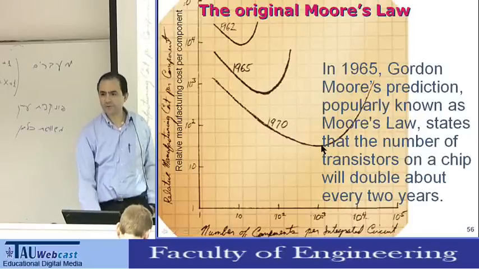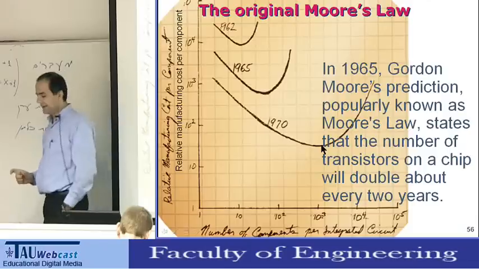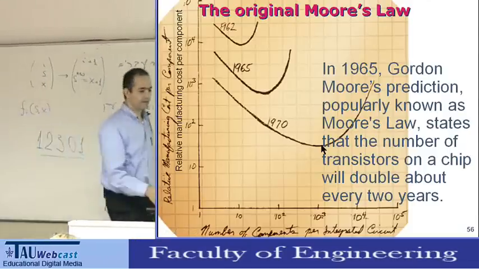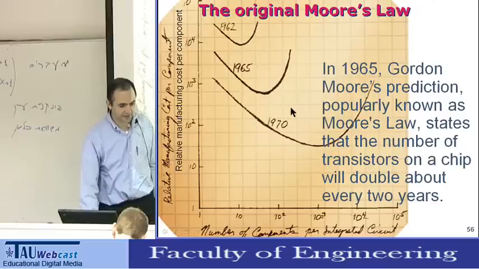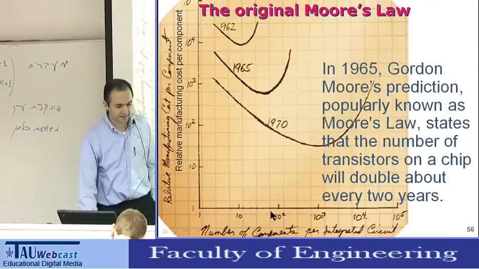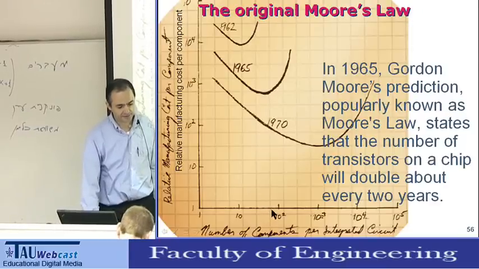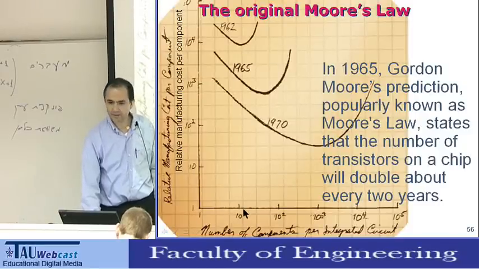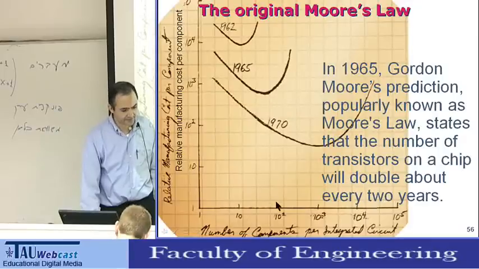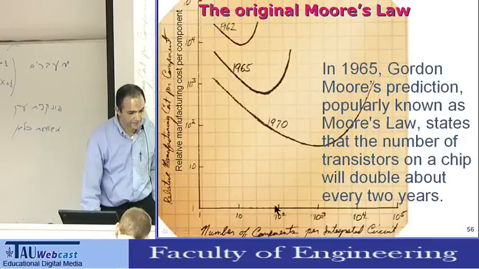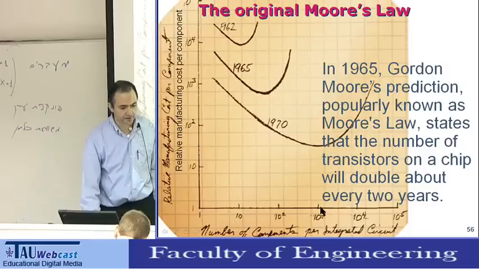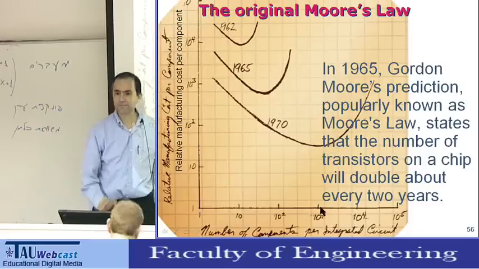And the minimum cost per component eventually determines how many components we put in a chip, because here we can see that the minimum correlates to the number of components, and we can see that at 62 it was very close to 10, the optimal point. In 65 it was closer to 100, and he predicted that in 70 it will be closer to 1,000. Okay?